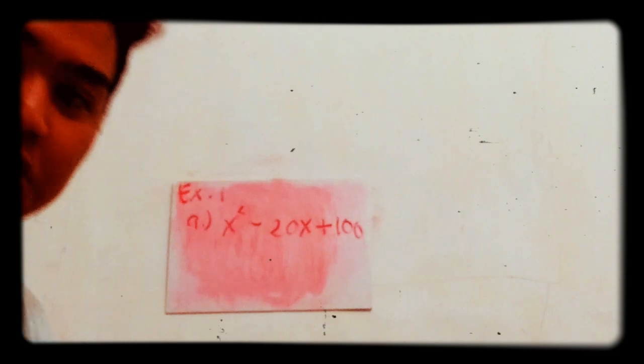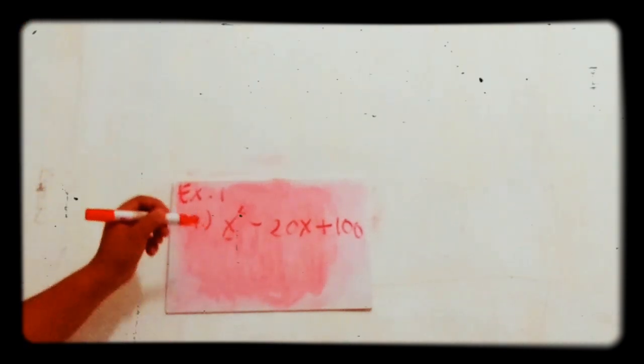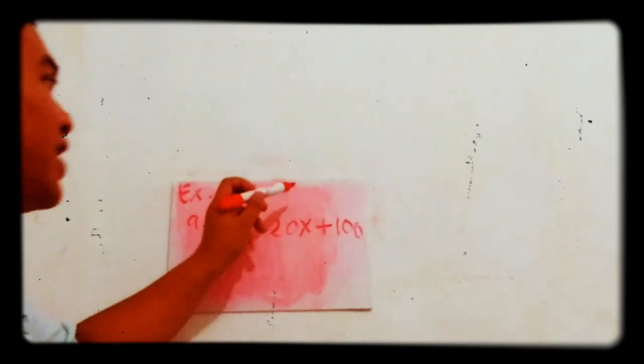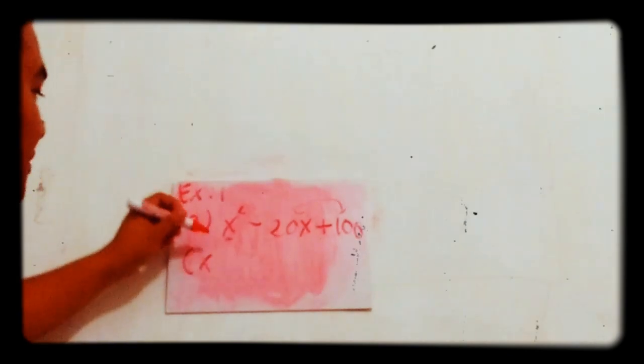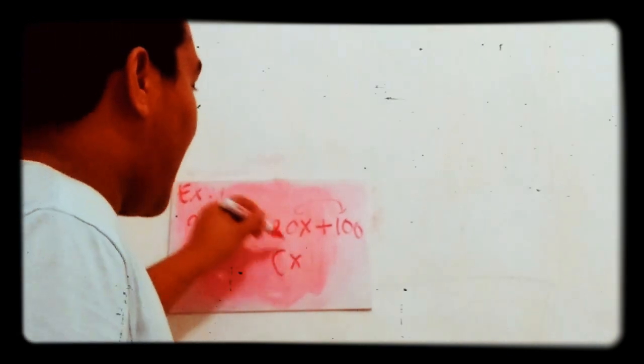Oh, I know how to get the answer. First things first, we need to get the factor of x squared so that we can factor the next value. So let's put x on the other side, x.